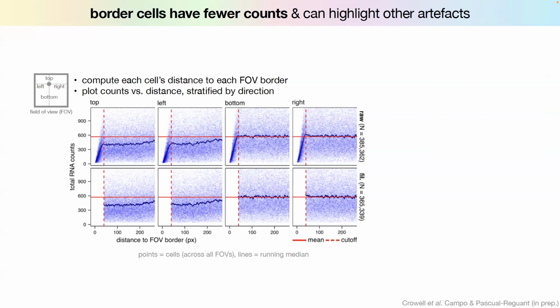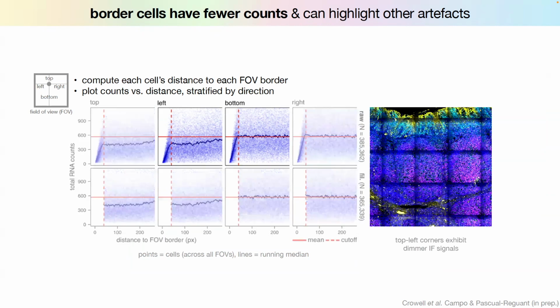And another thing that you might see is that this sort of looks the same as this, but those are different. I call it a corner effect. There seems to be a difference between the top left and the bottom right. And you can see here that the DAPI and the CD45 staining was a bit dimmer in one of the corners, and you could see that at the count level.